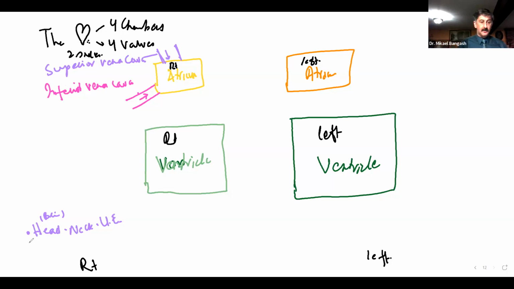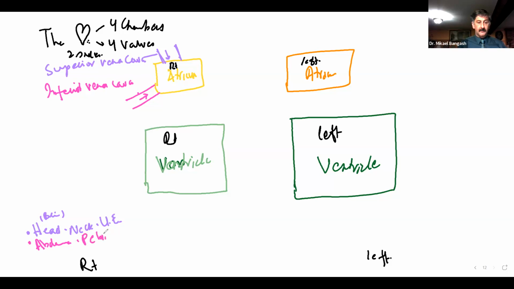Whereas the inferior vena cava, just to keep it simple and not go into a whole lot of detail, we can say all structures in the abdomen. All the organs, glands, and so on in the abdomen, all that blood that comes back from there is going to return to the heart, to the right atrium, via the inferior vena cava.